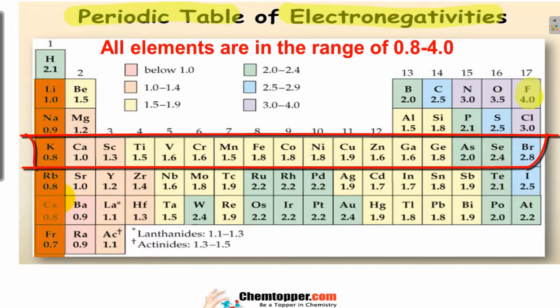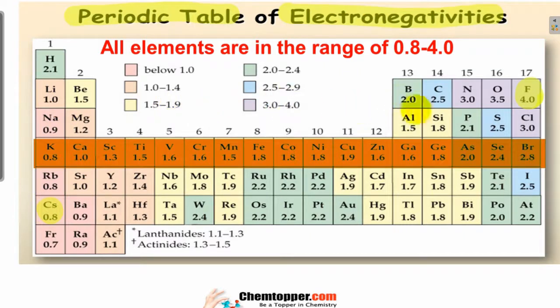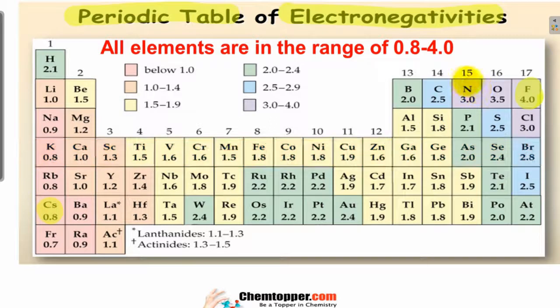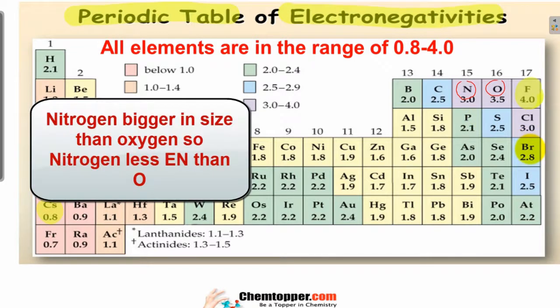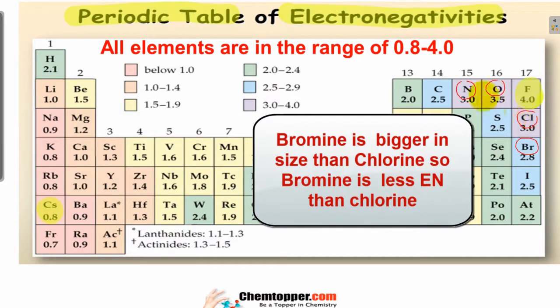Along the period atomic size decreases, so electronegativity increases. Nitrogen is less electronegative than oxygen because nitrogen is bigger than oxygen. Bromine is less electronegative than chlorine because the bromine atom is bigger than chlorine. So these differences in electronegativity values are just because of the differences in atomic size.